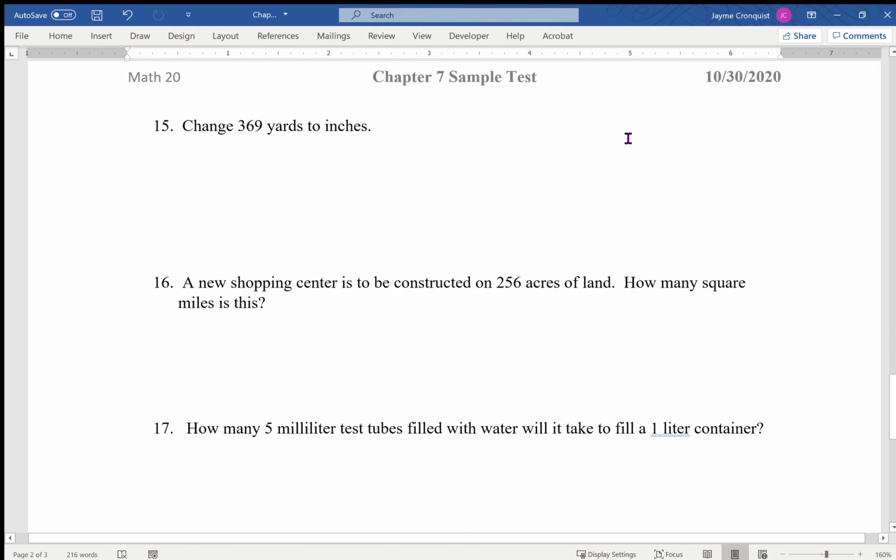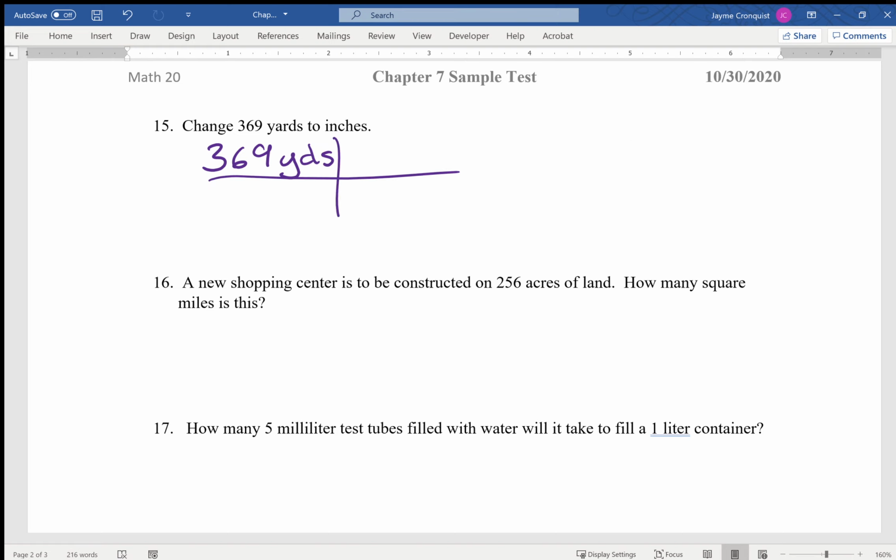Change 369 yards into inches. We know that in 1 yard, we have 36 inches.